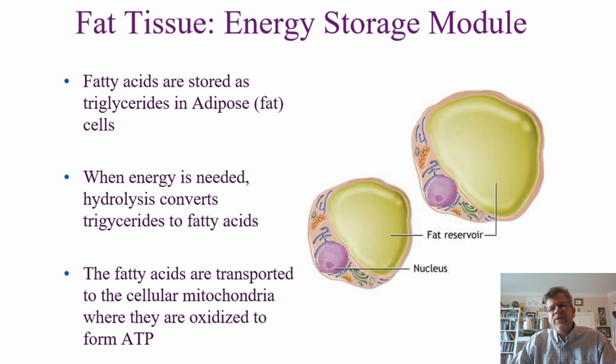So if fatty acids are the secondary fuel molecule to the preferred fuel molecule glucose, we typically think of fats as an energy storage. We keep this energy storage system separate so that we can access it if we run low on glucose or that sort of thing.